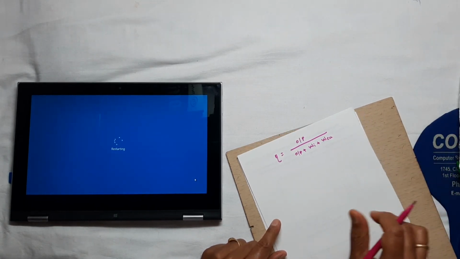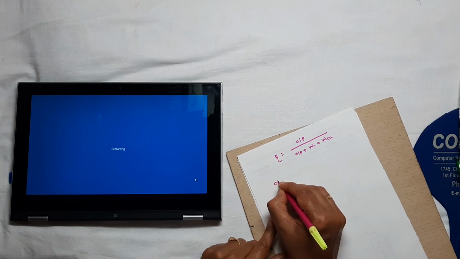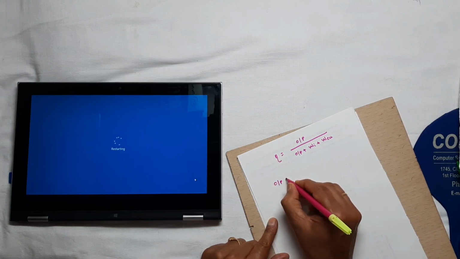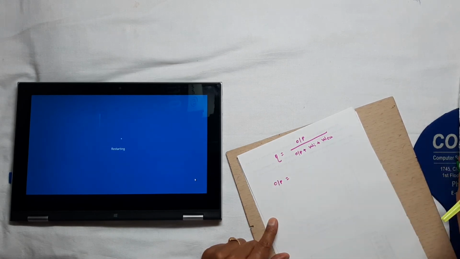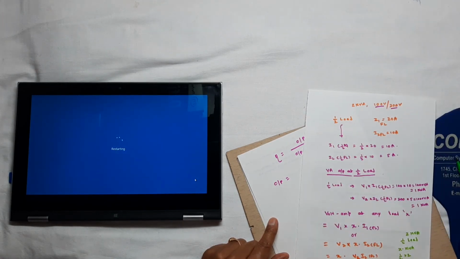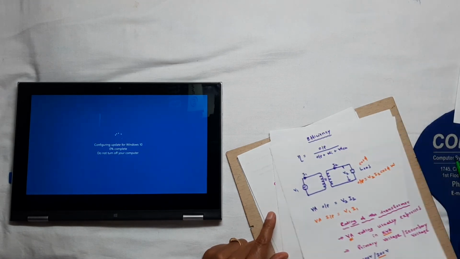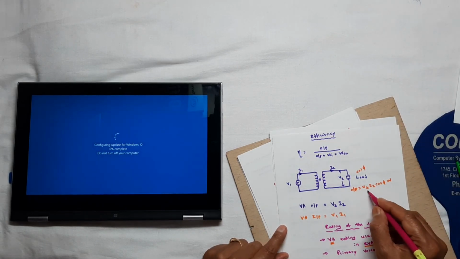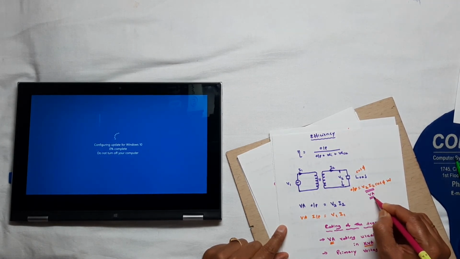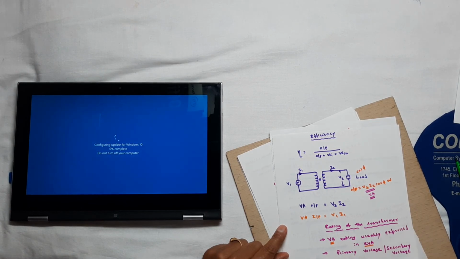Here the output is expressed in terms of volt ampere, as I told you, in the relation V2 I2 cos phi. What do you mean by V2 I2? It is the volt ampere rating of the transformer.